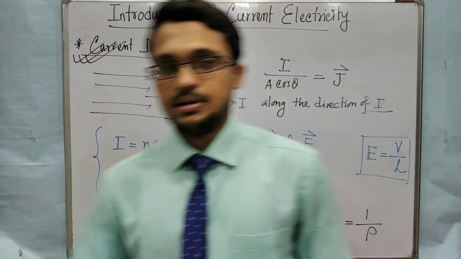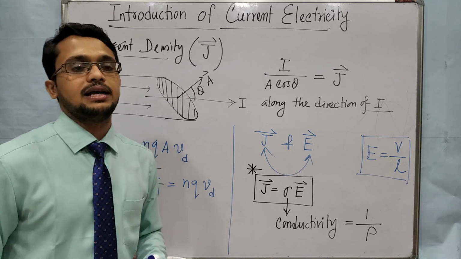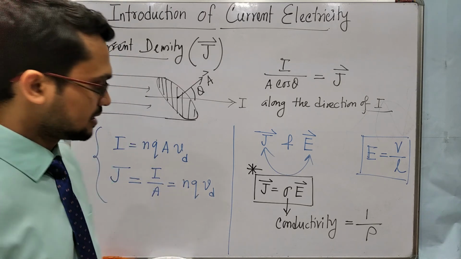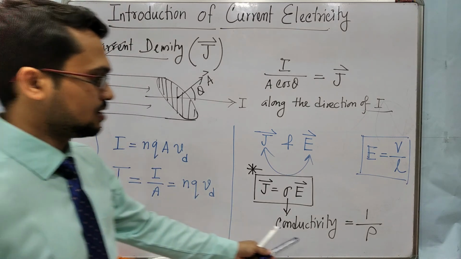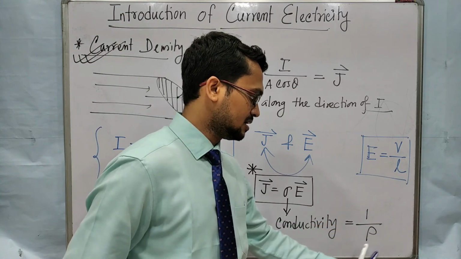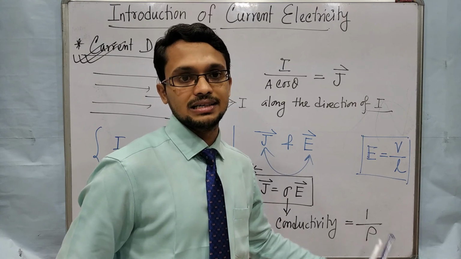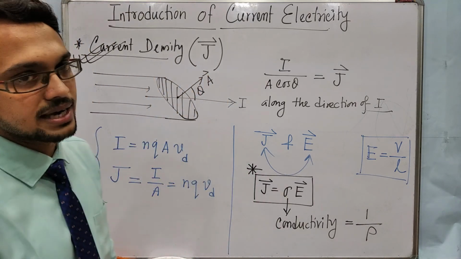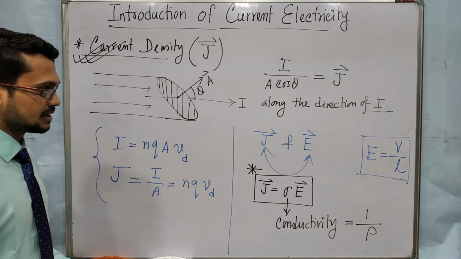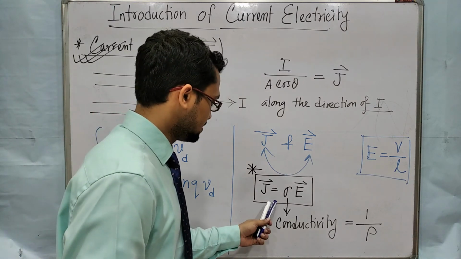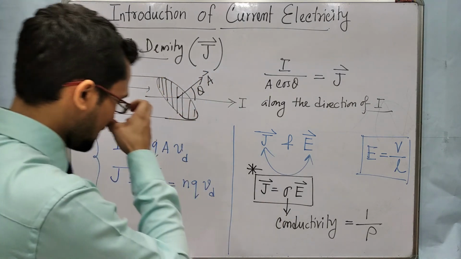Less resistivity means high conductivity. High conductivity means less resistivity. So conductivity equal to 1 by resistivity rho. This term you had already seen in class 10 in the formula of resistance, R equal to rho into L by A. Remember? Yes, so this is a very important relation.